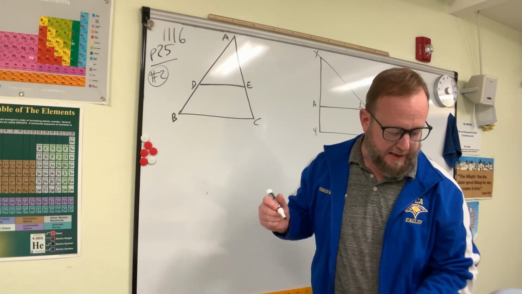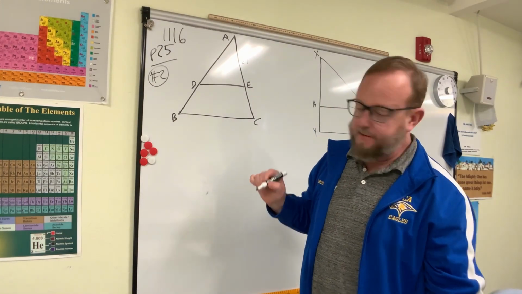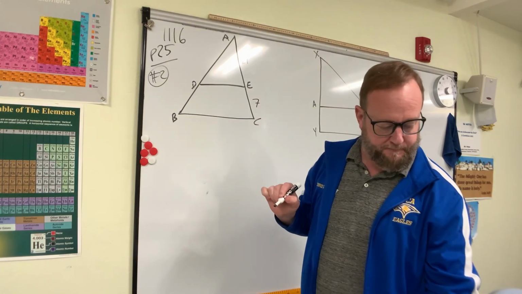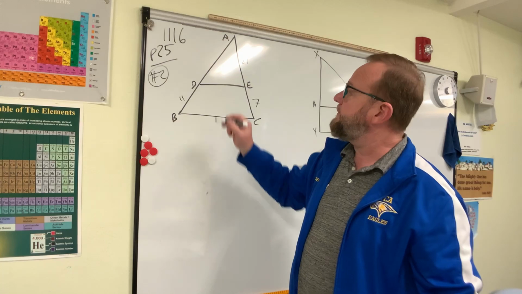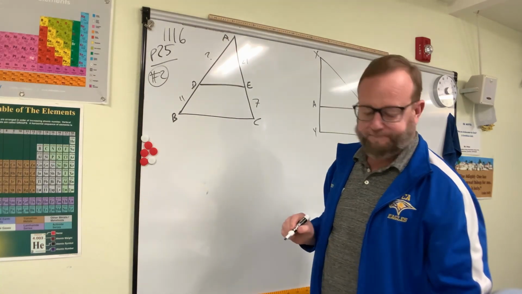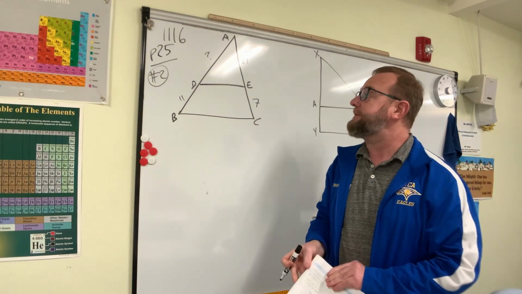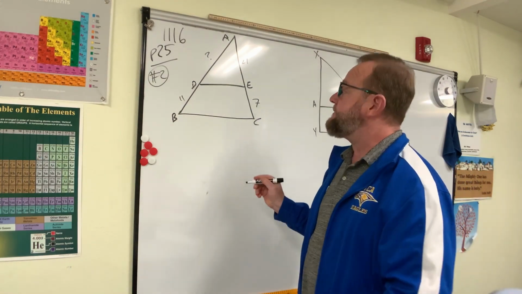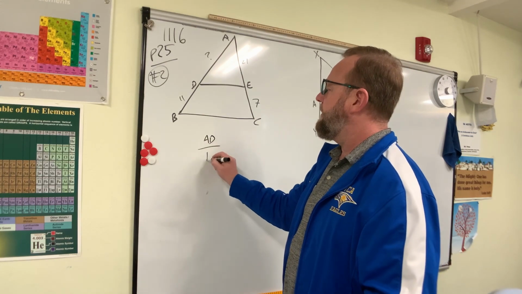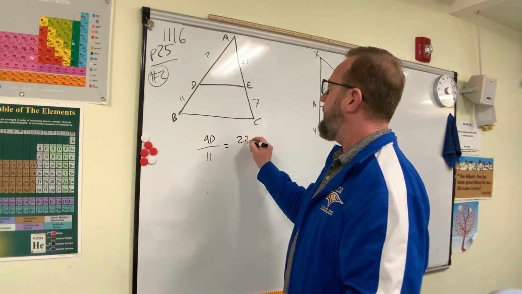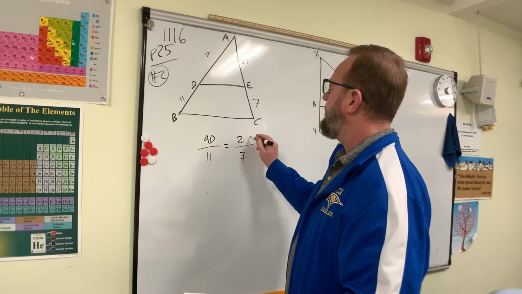I'm given AE is 21, EC is 7, DB is 11, and what I don't know now is AD. So using the same proportion, I can set this up as AD over 11 equals 21 over 7.